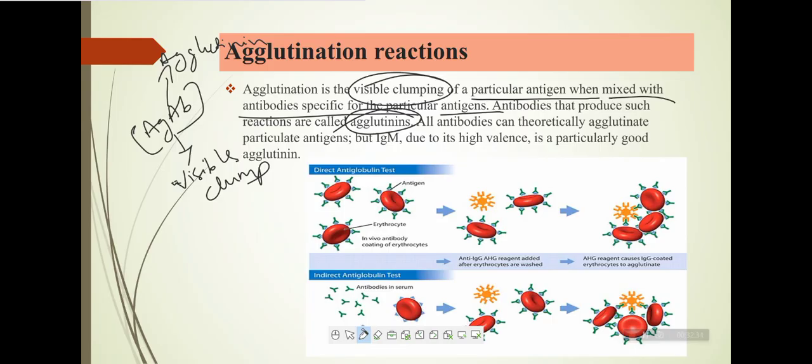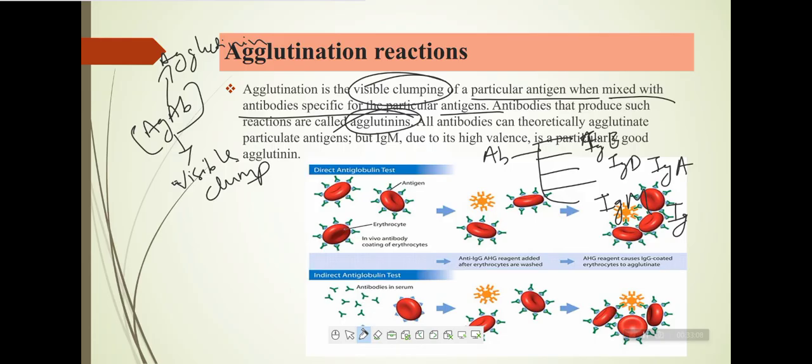Actually, there are five isotypes of antibody. In the previous video, we already discussed the five isotypes, right? Like IgE, IgD, IgA, IgM and IgG.